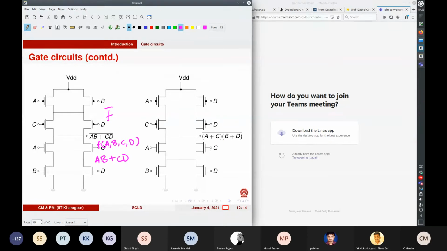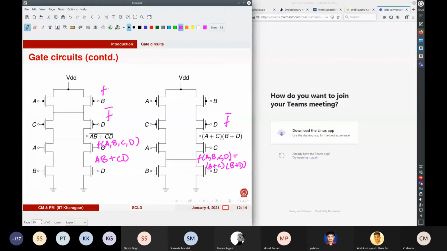The function, as you can see, is just A or C and B or D, and you are realizing F bar. So now just think of the function.